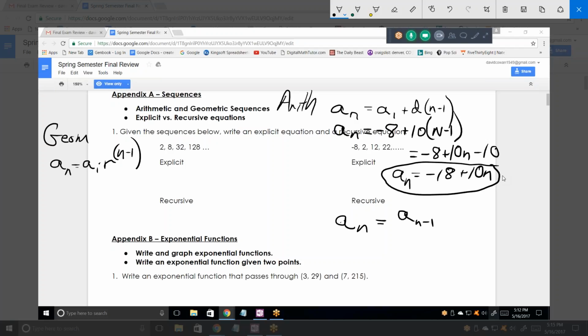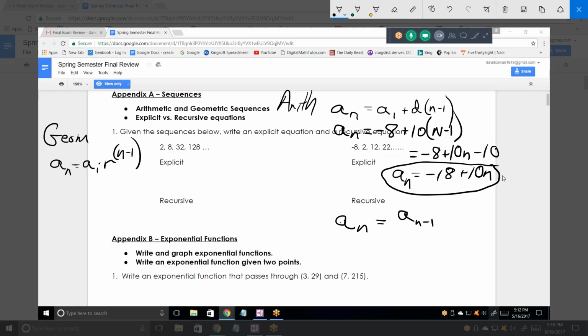That's what n minus 1 means. In other words, if that's the third term, the second term is 2. So if a sub 3 was 12, a sub 2 is 2. So that's what we mean by n minus 1.